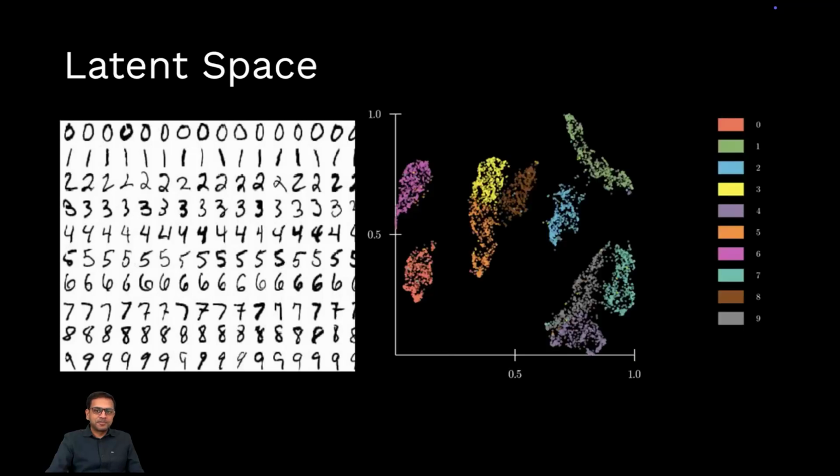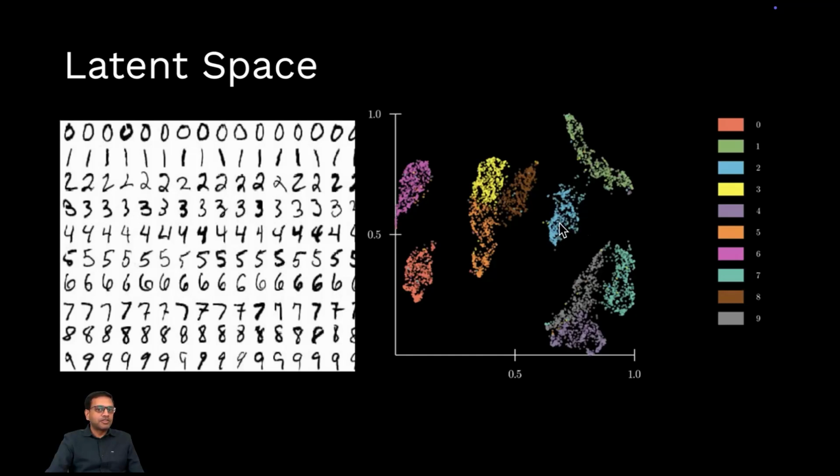Here, it's a 2D representation of how that latent space could look. Here, each cluster is reflecting one particular number. So let's say this zone is what is reflecting the number 7.